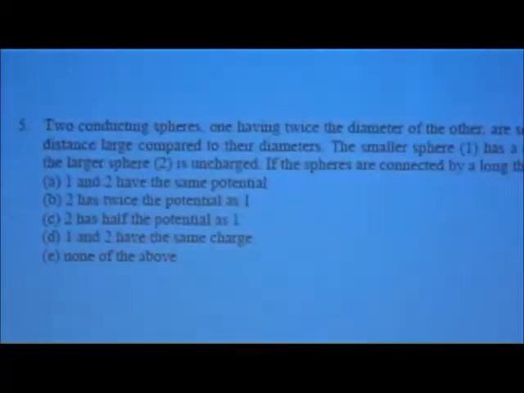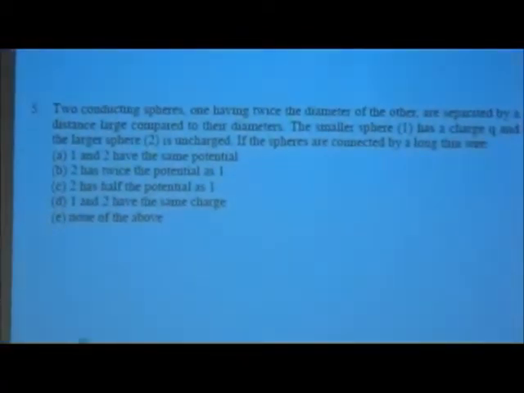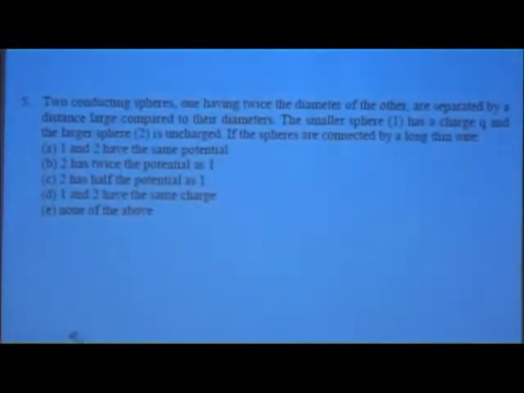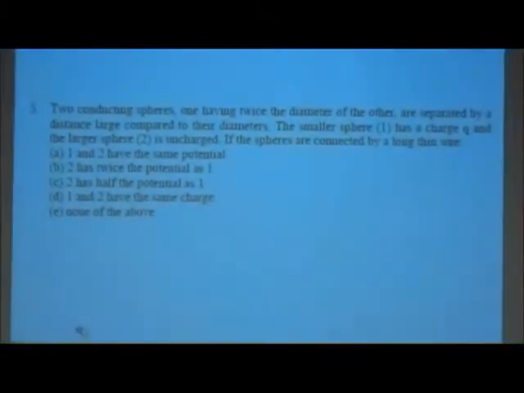It says, two conducting spheres, one having twice the diameter of the other, are separated by a distance large compared to their diameters. Smaller sphere 1 has a charge Q and the other sphere 2 is uncharged. If the spheres are connected by a long thin wire, which of these is true? Talk to a person next to you. Your time starts now.